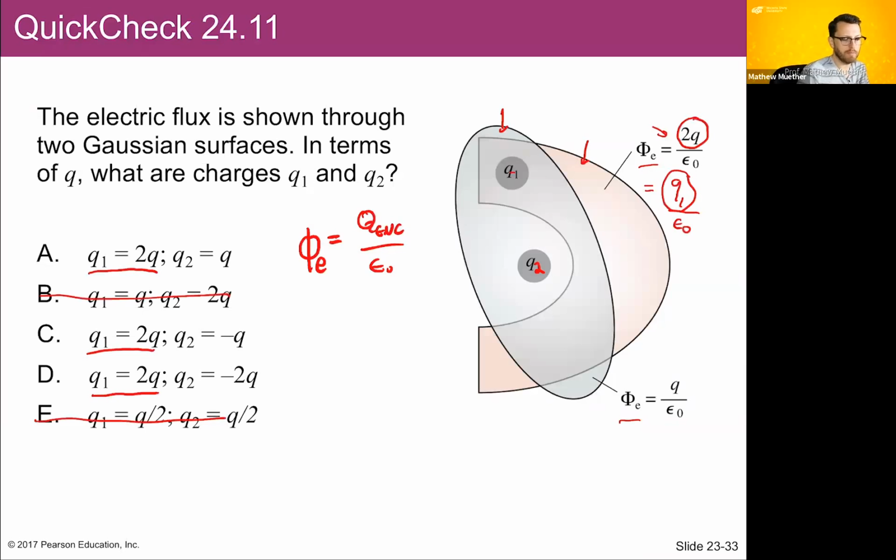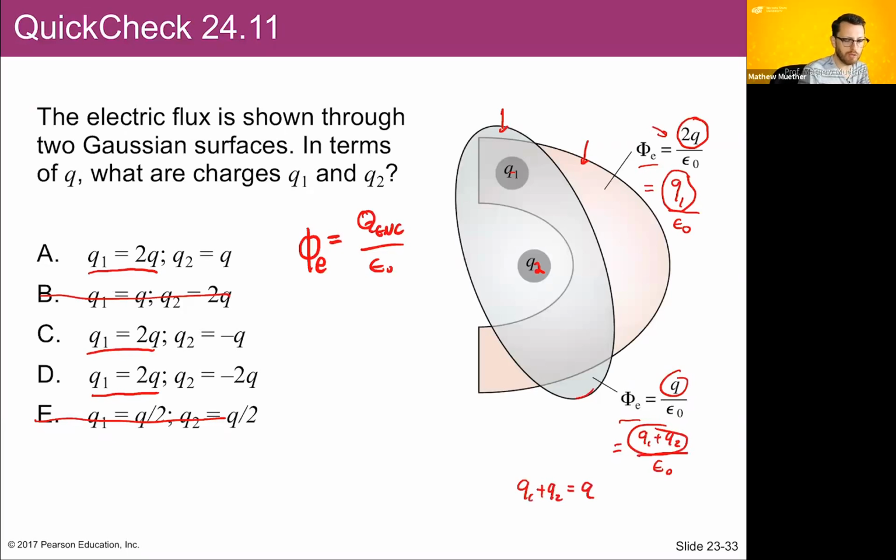What about the lower expression here? Well, I know that the total charge enclosed in this gray Gaussian surface is Q1 plus Q2. Both of those charges are inside of this Gaussian surface. So I can see that Q1 plus Q2 had better be equal to Q. The numerators have to be equal here.